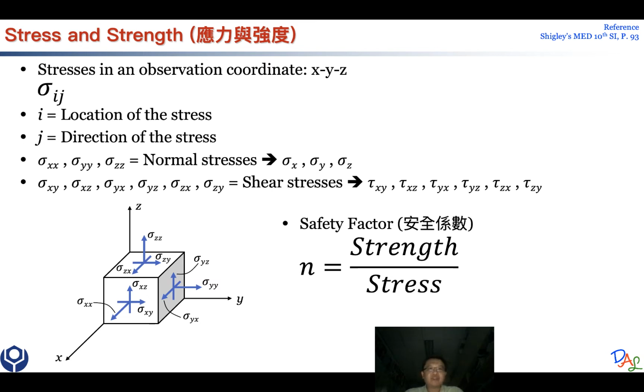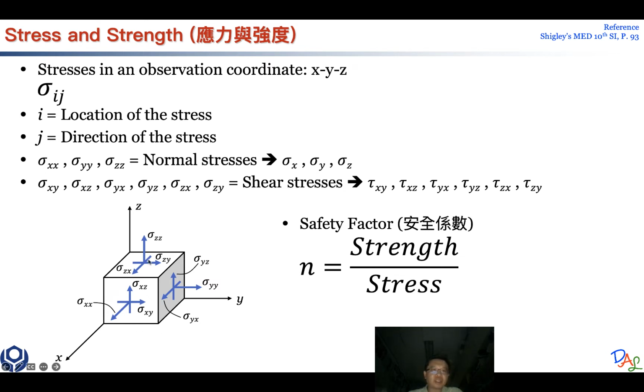And if we observe a material in a different orientation, the values of those stresses will be different, because usually we specify the stresses based on how we observe the object, basically based on the coordinate.